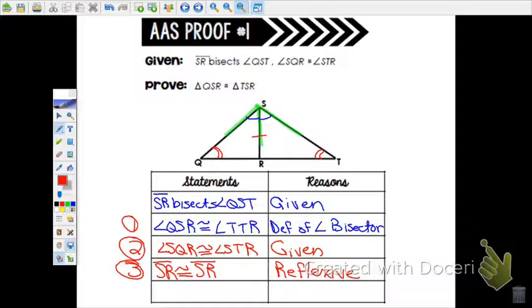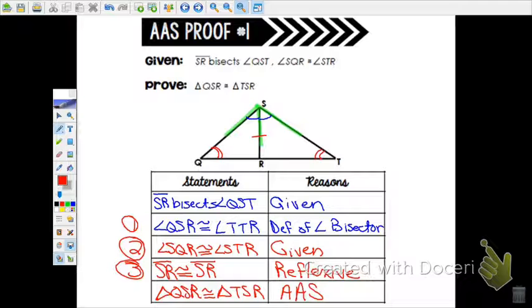Okay? If I were to fold this on the shared side, my corresponding parts would match up. So I know that triangle QSR is congruent to triangle TSR, and that is angle, angle, side.